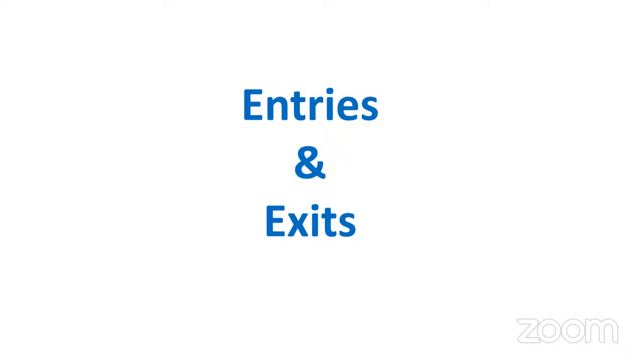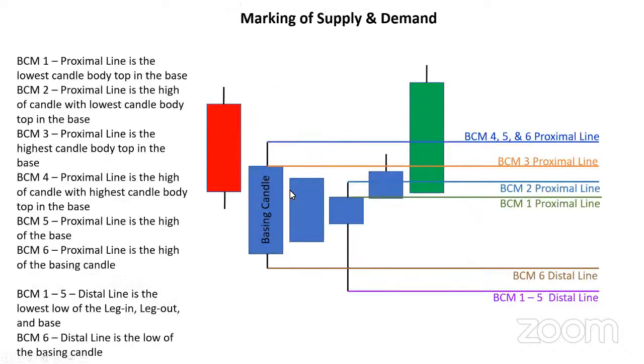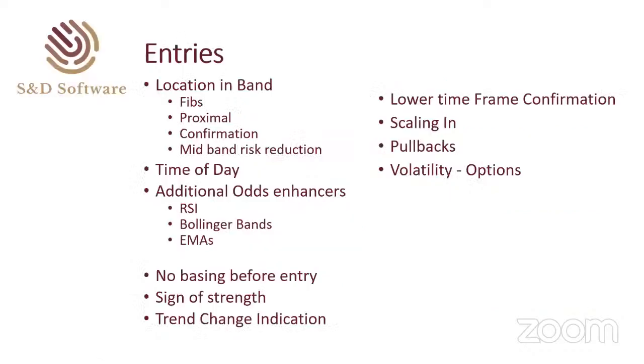So with that being said, let me go to my next slide here. I think most of us are supply and demand traders, and we're pretty good at finding supply and demand. But when it comes to how we want to get into the trade, how long we want to stay on the trade, and when we want to get out, that gets quite a bit more complicated. We were brainstorming and talking about how there are so many different ways to get into a trade.